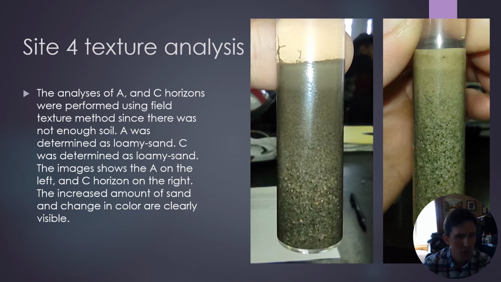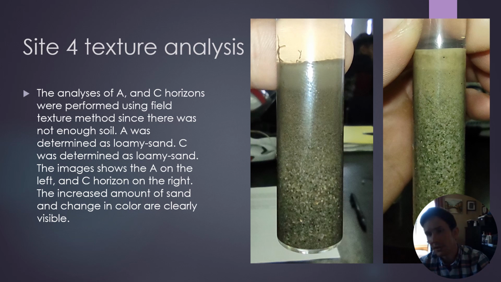The C horizon was determined again as loamy sand, although the color is different. There's probably the absence of organic material that gives the color, but as far as texture goes, they are similar, at least similar enough that you still name it loamy sand.